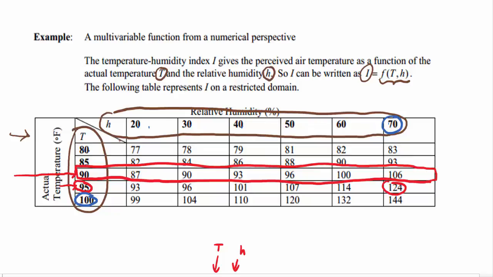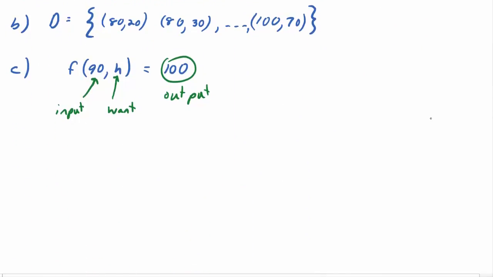Since capital T is being held constant at 90 degrees, we've got ourselves a one variable calculus 1 type function in table form. Anyway, we know the output was 100, right? So what H does that correspond to? 60. 60% humidity, right? So H would have to be 60% humidity.